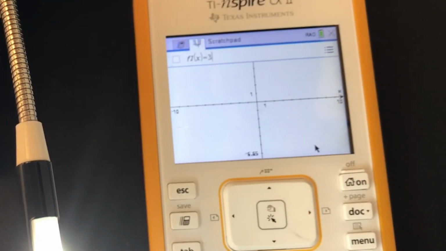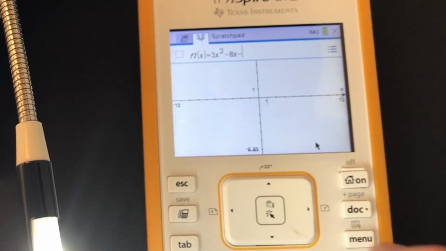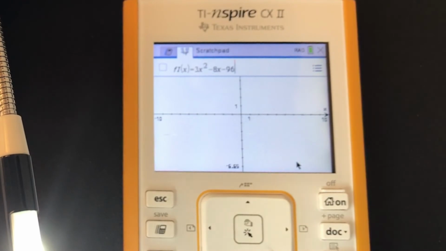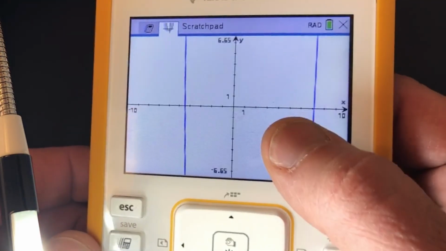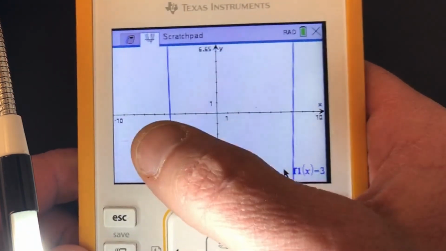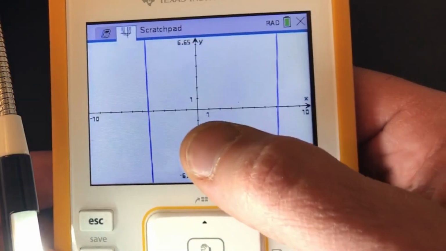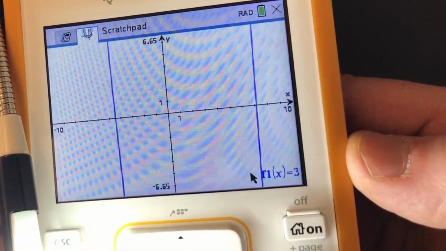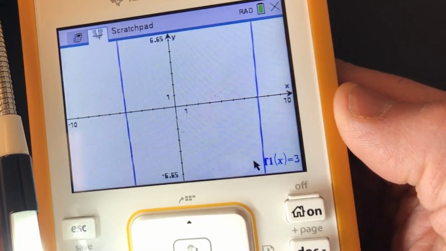All right, so it was 3x squared, what was it, minus 8x minus 96? Is that right? Okay. And we can't have negative length, so really we're just focused on the positive side here. So it's at 1, 2, 3, 4, 5, 6, 7, but you can tell it doesn't cross exactly at 7, so how can we see where it really crosses at?